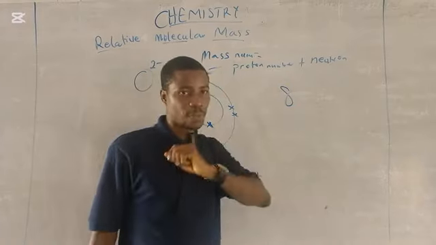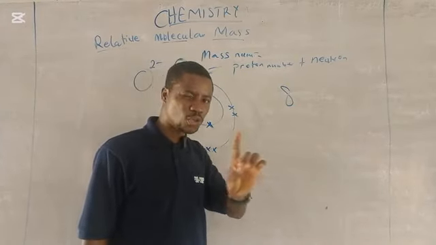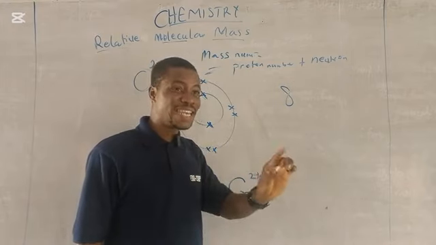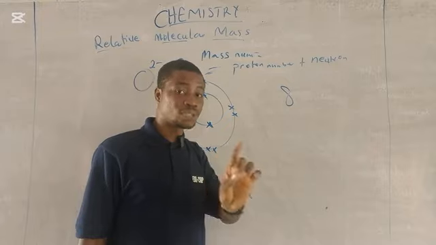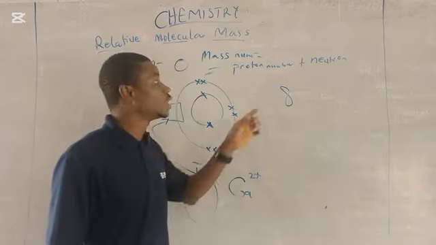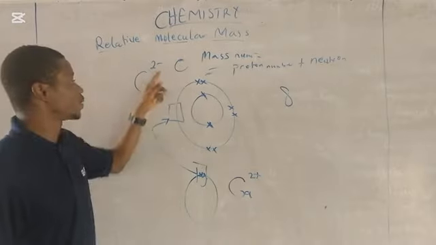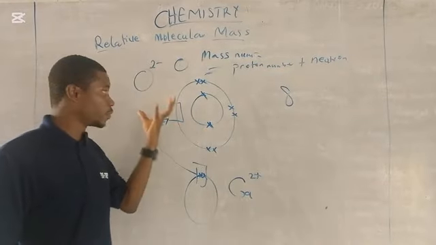And if you also pay attention, I told you that for a neutral atom, the number of electrons is equal to the number of protons. But if you have a negative ion or a positive ion, the number of electrons is no longer equal to the number of protons. For instance, this oxygen ion, O2 minus, is a negative ion.